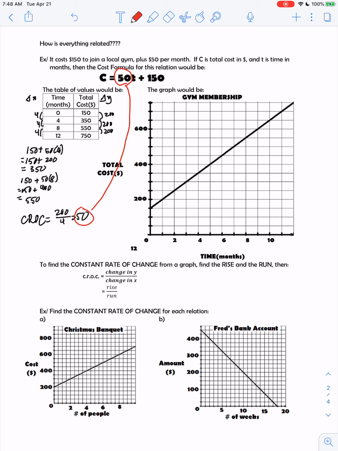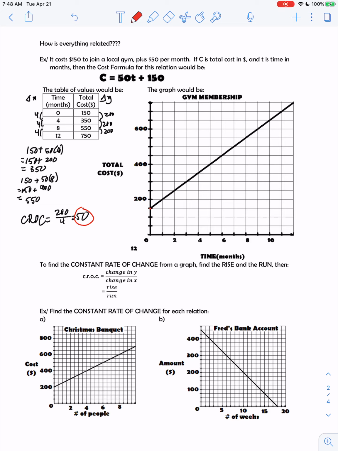Okay? All right. Now, for the graph, 0 and 1 and 150. That's 0 and 150 is right there.